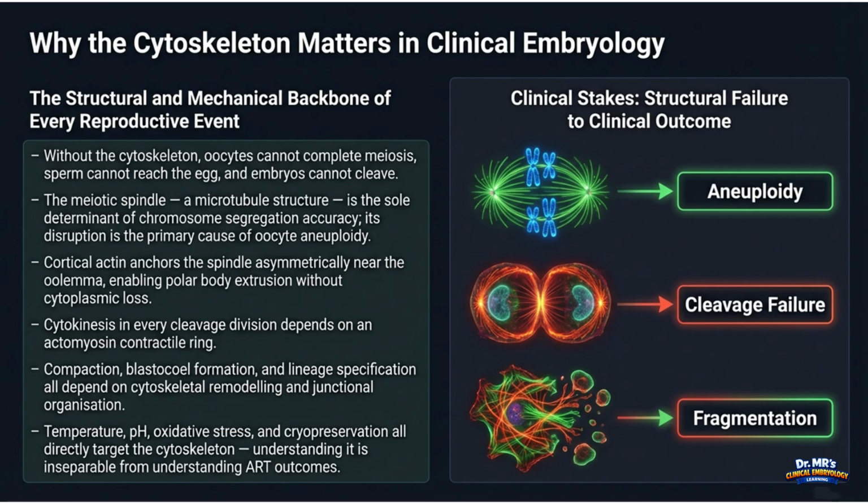You are. And the clinical stakes are just existential for the embryo. Consider the sheer biological audacity of the first 5 days of human development. It's a massive marathon. You start with a single, highly specialized gamete, right? And in just over 100 hours, it must transform into a blastocyst of over 100 cells.